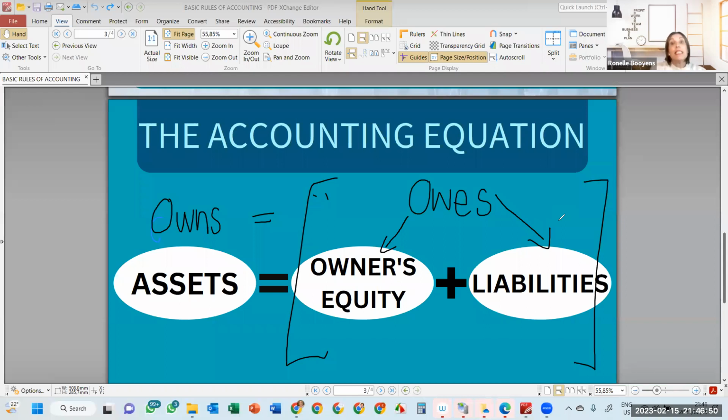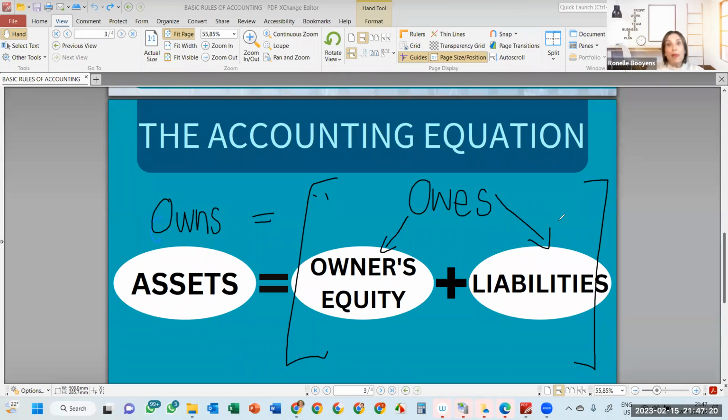Then the business now has a computer, which is an asset. Our business owns that asset. Lovely. But at the same time, the business owes the money to that computer supplier. We bought it on account or on credit. So yes, we own the laptop, but the business owes the money to that outside business from whom we bought the laptop.